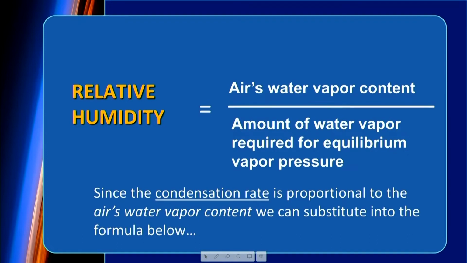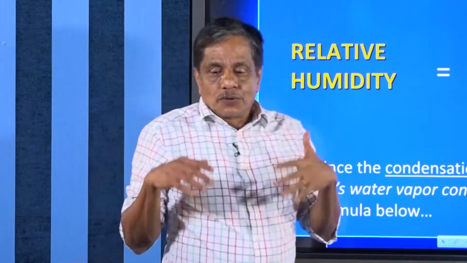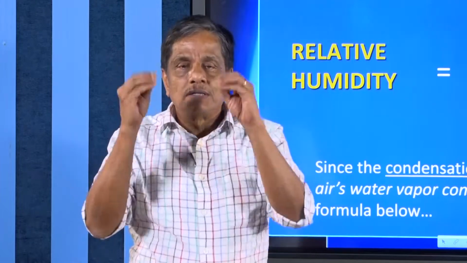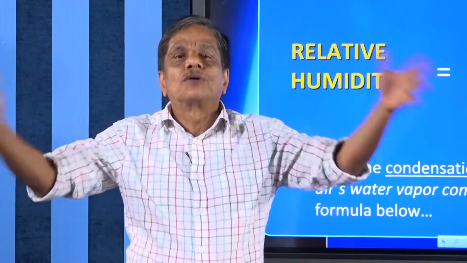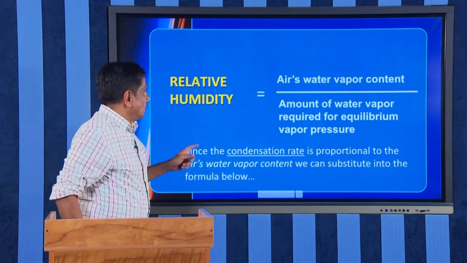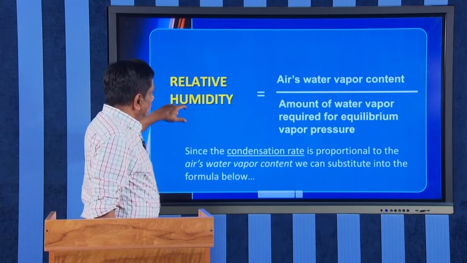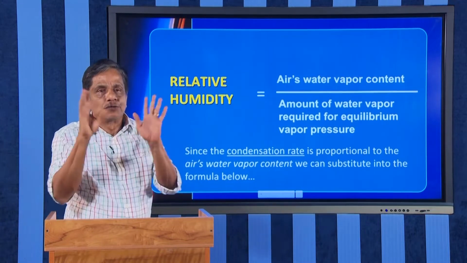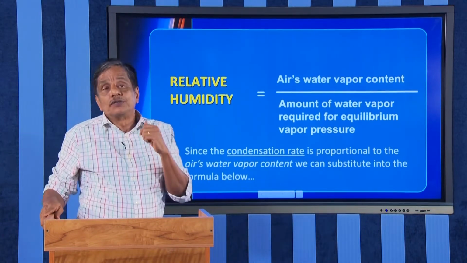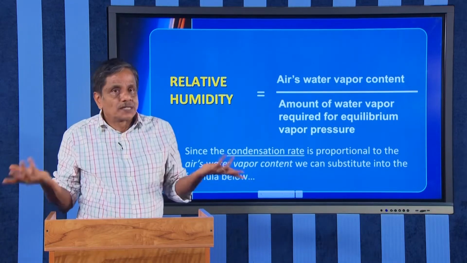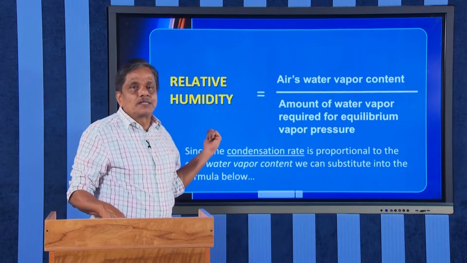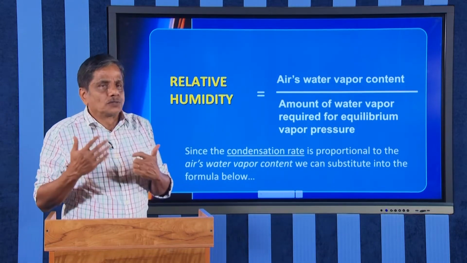If you take the ratio, that is relative humidity, or otherwise the amount of water vapor content in the air normalized to the total air. Therefore, relative humidity is a measure of the amount of water vapor present in the atmosphere. In summer the humidity will be more, that is why we sweat while walking in summer, and in winter the humidity will be less, therefore we feel cold.